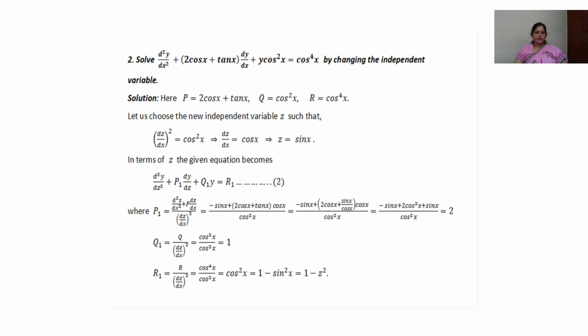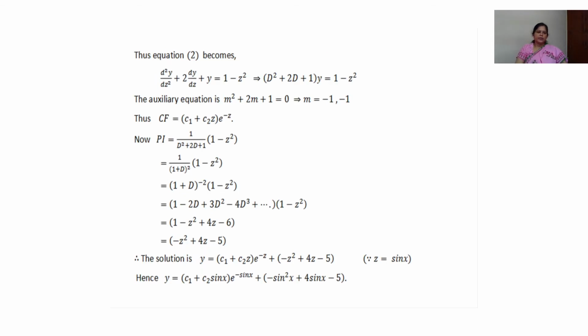Now all these p1, q1, r1 values we are going to substitute in equation 2. Equation 2 now becomes d square y by dz square plus 2 into dy by dz plus y is equal to 1 minus z square. So from this we are getting d square plus 2d plus 1 into y is equal to 1 minus z square.